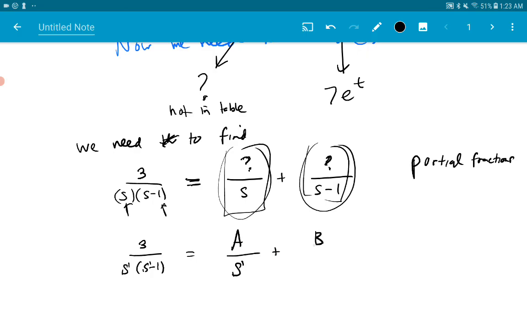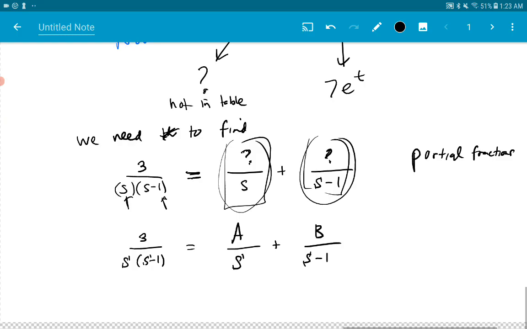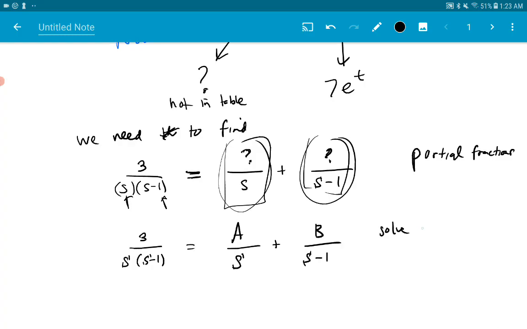The top of the second fraction, we'll call it B. Should be s's here, right? And basically we want to solve for whatever A and B have to be that make those two expressions equal. And not only do they have to be equal, they have to be equal for all values of s.